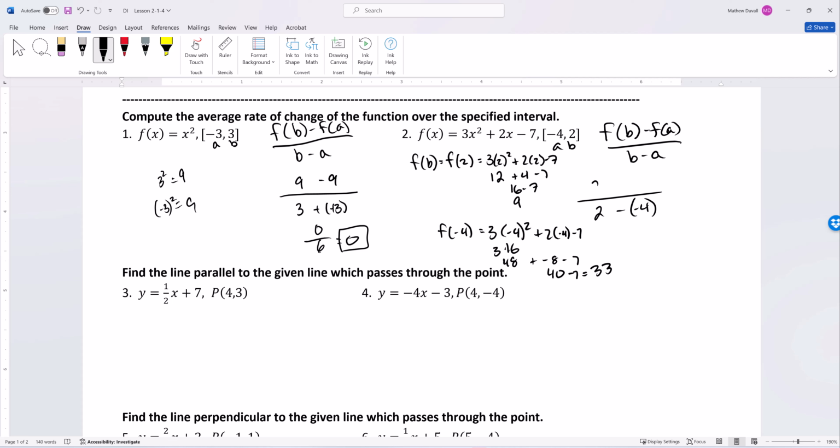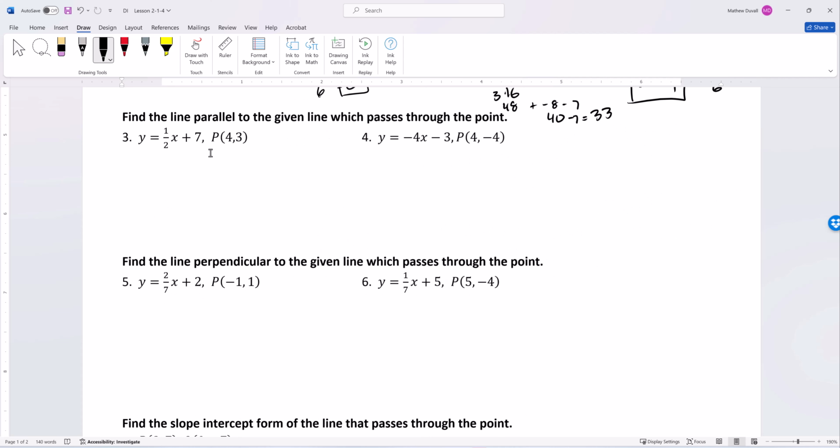So your f of b minus f of a is 9 minus 33. Simplifying that, 9 minus 33, that's negative 24. And then that's over 6. So negative 24 over 6 is going to equal negative 4.